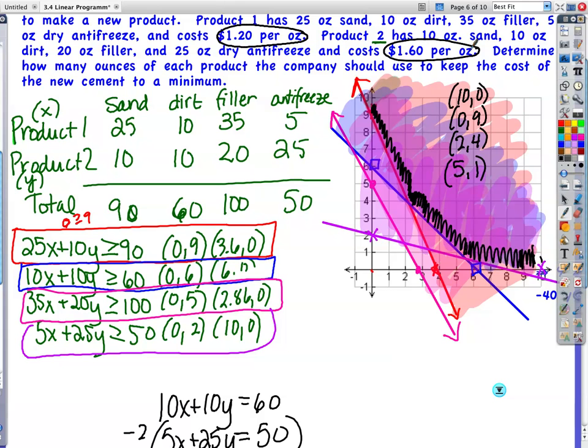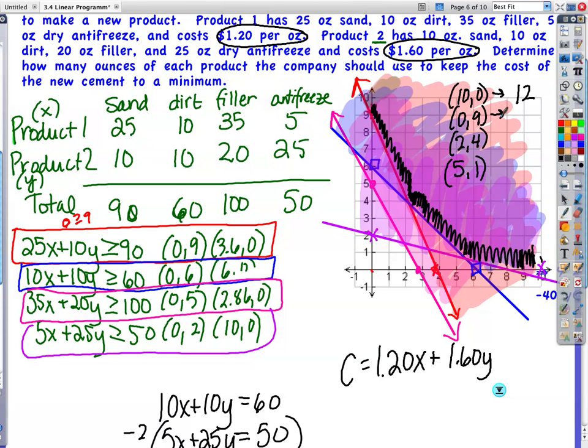So you're going to have your cost statement: $1.20 per ounce, and that's talking about the X values, and $1.60 per ounce, that's product 2, talking about our Y values. So now I put in 10 for X. 10 times $1.20 is 12. That's my cost.